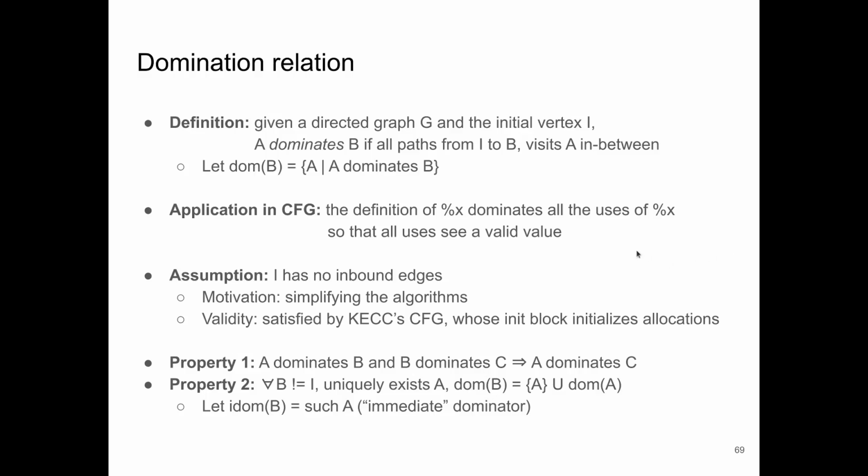So please draw some graphs and see whether these two properties are actually holding. Take any realistic directed graph that resembles some control flow graph with initial vertex I, and see if the transitivity and the immediate dominator property actually hold for your graphs.